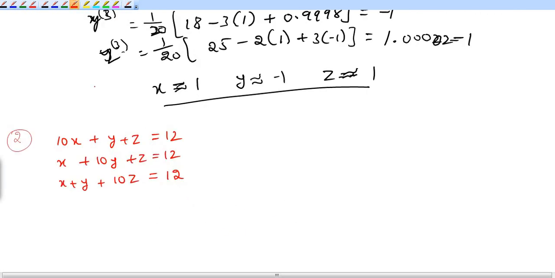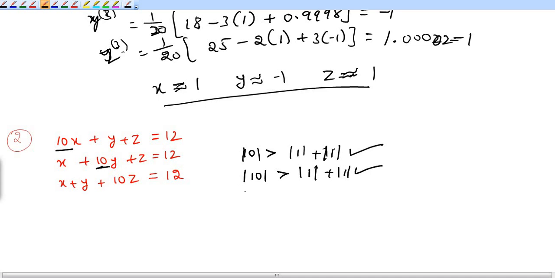Solve this question yourself. Here you have to check whether this is diagonally dominant. Look at the first element. 10 is greater than 1 plus 1. Means 10 is greater than 2. So first equation is diagonally dominant. Second equation, look at the second diagonal element. This is 10. This is greater than coefficient of x which is 1 plus coefficient of z which is 1.